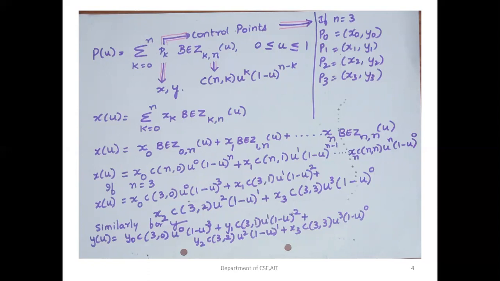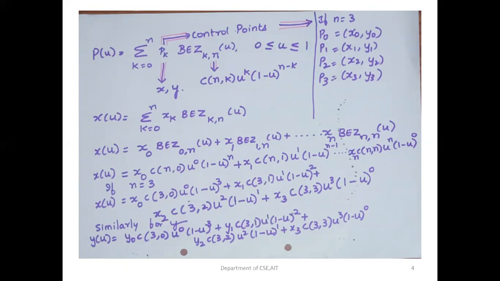BEZ of k comma n of u is BEZ of k varying from 0 to 3, so it will be 0,3; 1,3; 2,3; and 3,3. And the u value, we have to take between 0 and 1. It is your choice. You can take any value of u between 0 and 1.